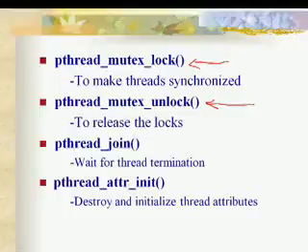And let's talk about some other methods used with C threads. The pthread_join function waits for the thread termination. And the pthread_attr_destroy and pthread_attr_init methods destroy and initialize the thread attribute objects.